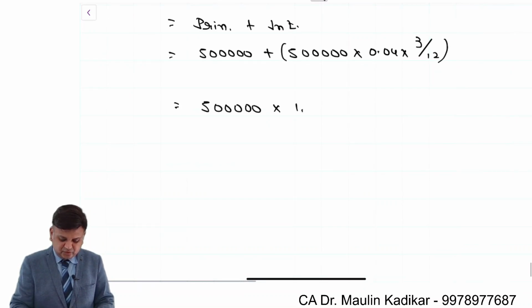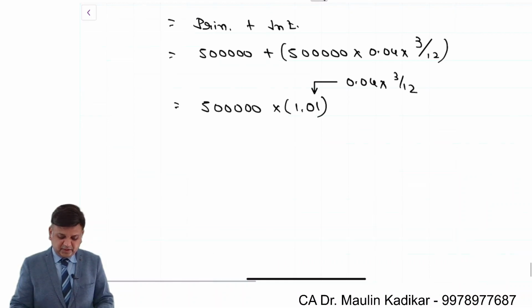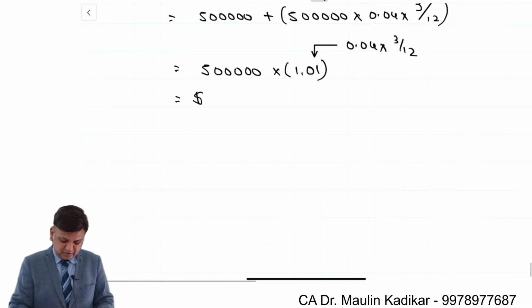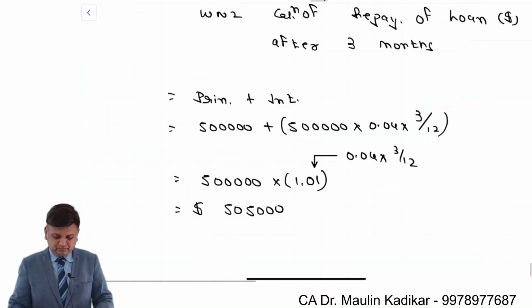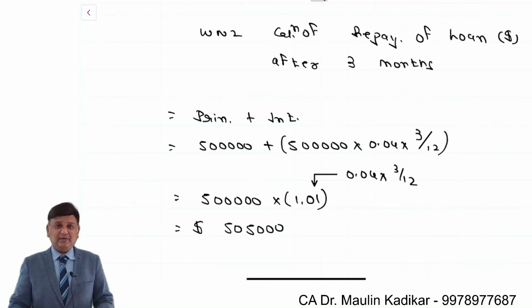So 5 lakhs into 1.01. How is this 1.01? 0.04 into 3 divided by 12. So it comes to $5,05,000. That is how the repayment of the loan is calculated.